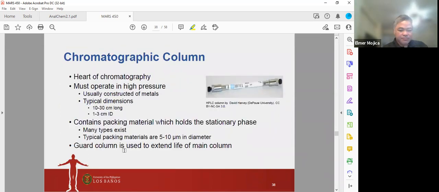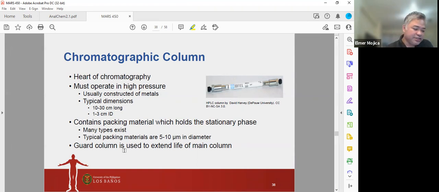The column is, we could say, the heart of chromatography, and there are different types of columns that we have. It must operate in high pressure, usually constructed of metals, so this is the metal outside, and typical dimensions are 10 to 30 centimeters long and 1 to 3 centimeters in diameter.